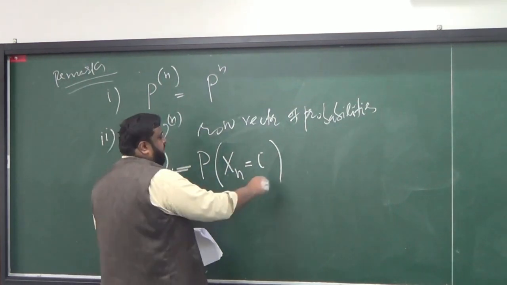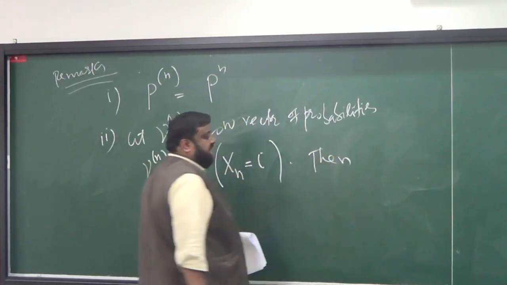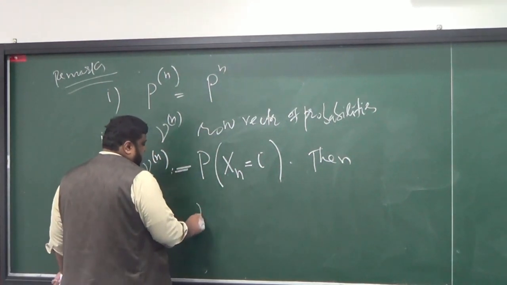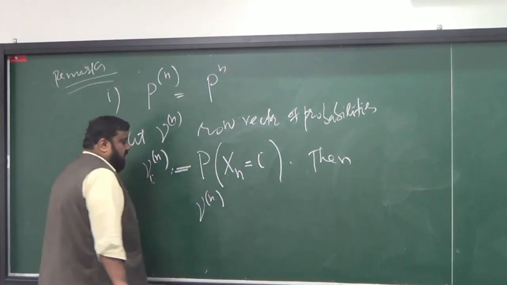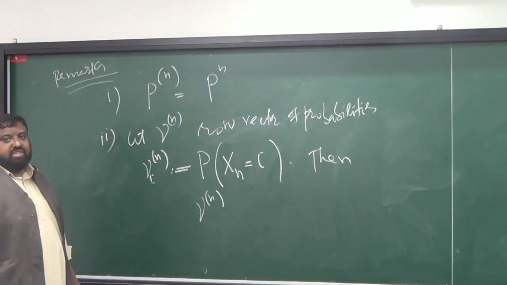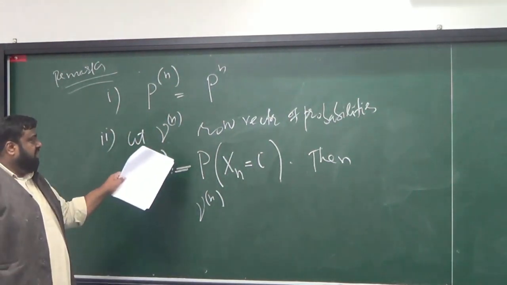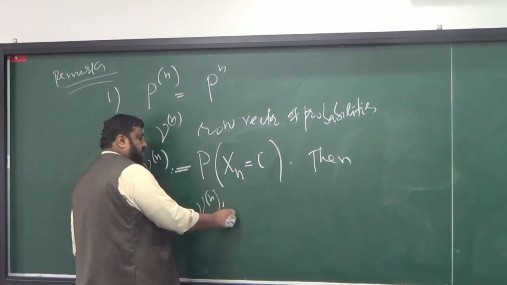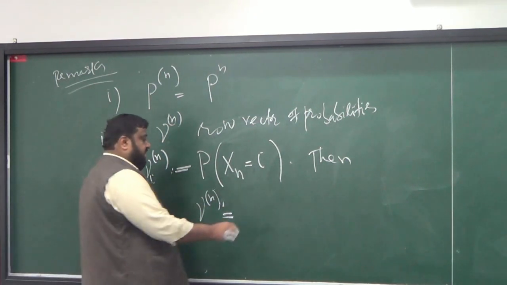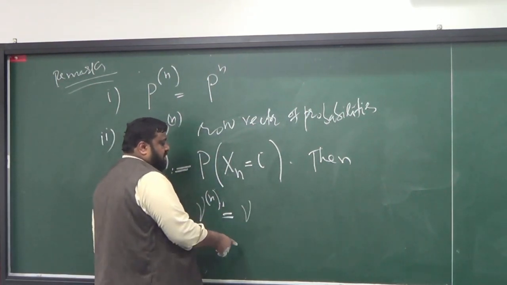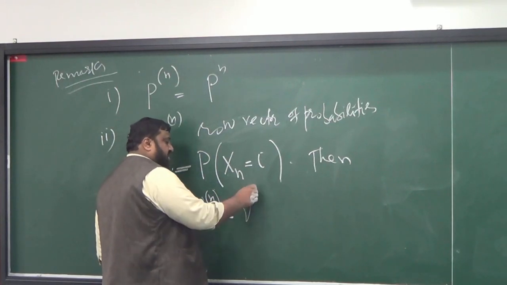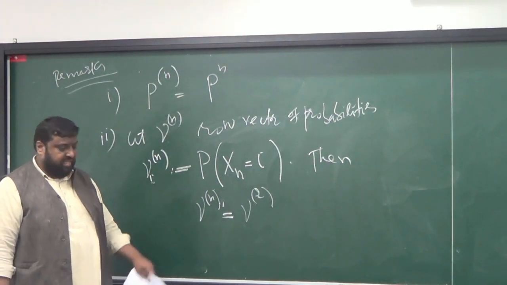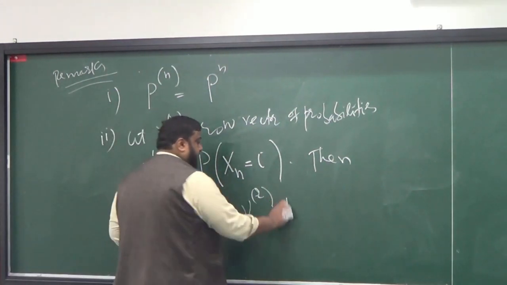The key interesting result is that if you want to know this probability vector on the nth step, and you know this probability vector on the rth step, just multiply it with the conditional probability matrix.